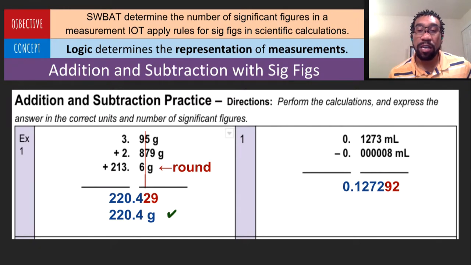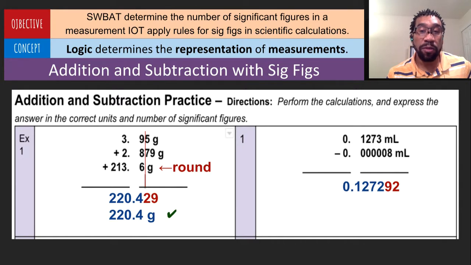That's because we have to identify the measurement with the least number of decimal places, our worst measurement. Our least precise, or most imprecise, measurement is the one with only 4 decimal places, and it is 0.1273 milliliters.